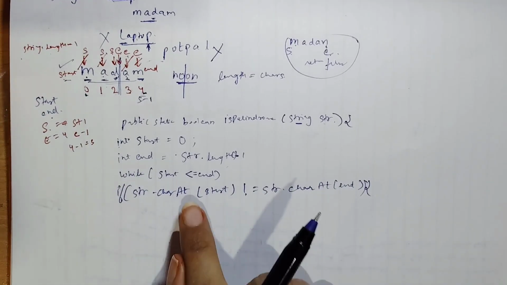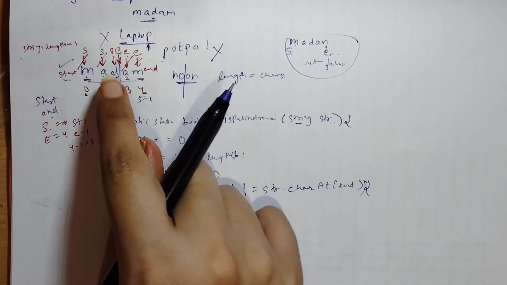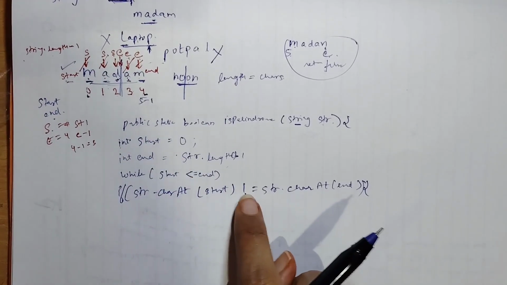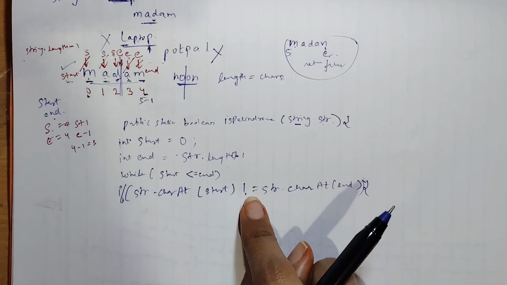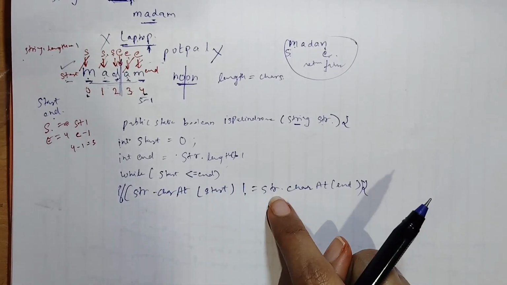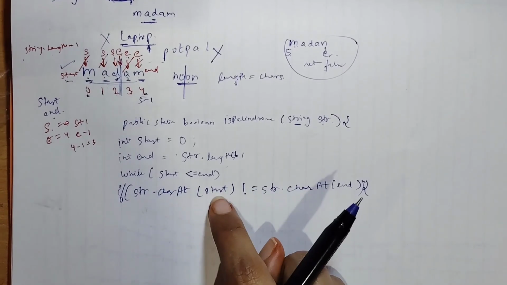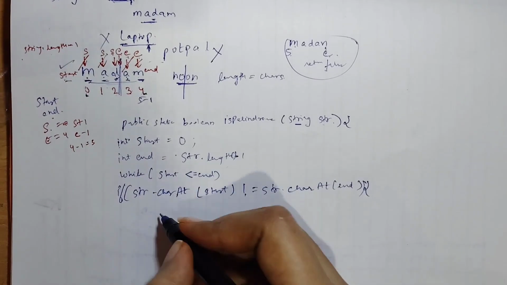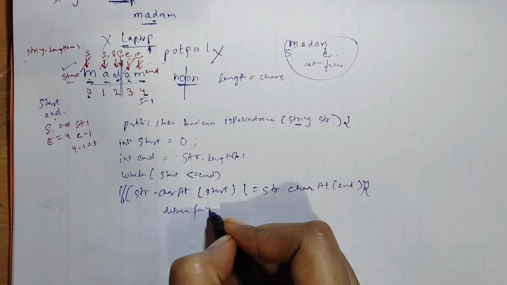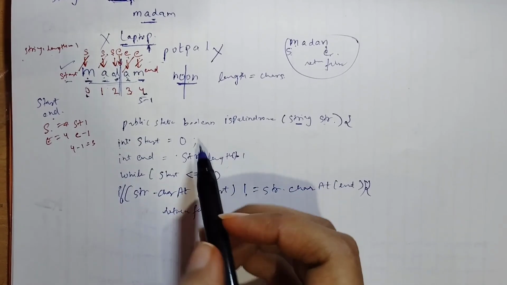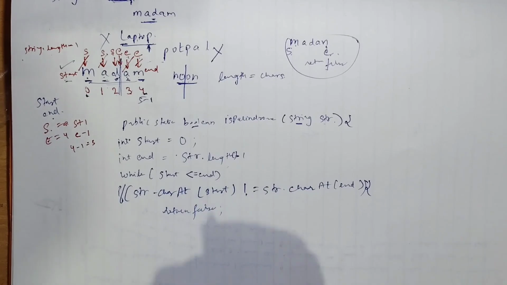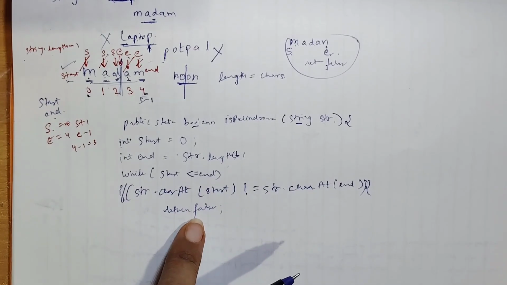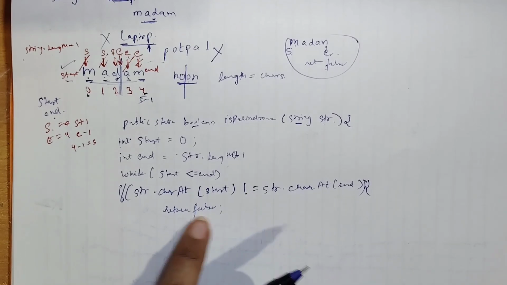It means that when the character in the string at the start position is not equal to the character present in the string at the end position, meaning the start and end characters do not match, then you can write return false. I'm writing false because we have written boolean, so it will give the answer true or false. So this if condition will work when start and end do not match, and then it will return false.